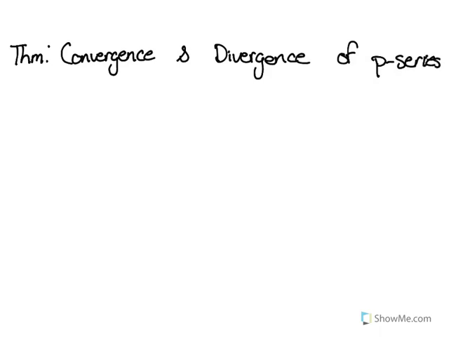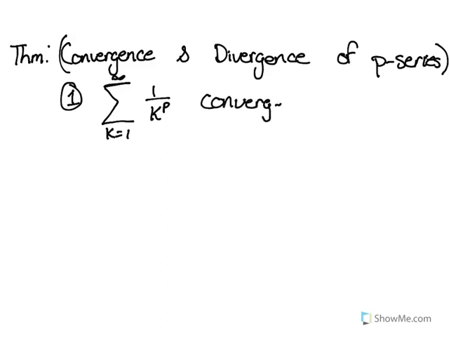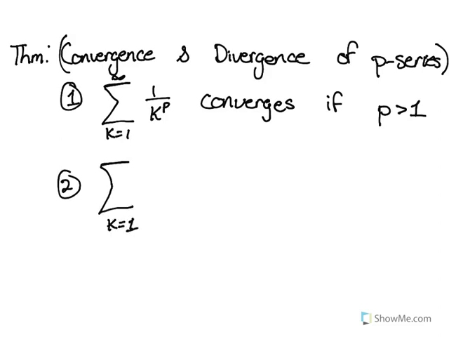Theorem: convergence and divergence of p series. 1, the series 1 over k to the power of p, from k equals 1 to infinity, converges if p is greater than 1, and 2, the series diverges if p is less than or equal to 1.